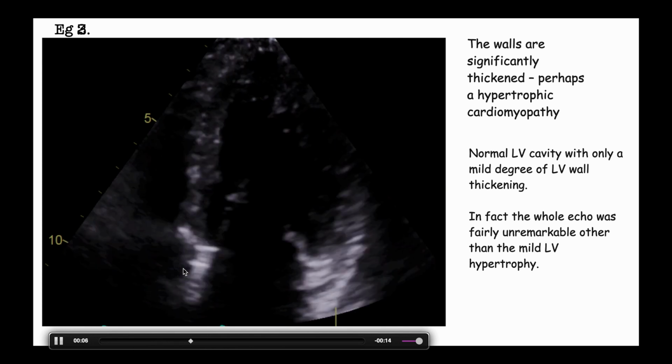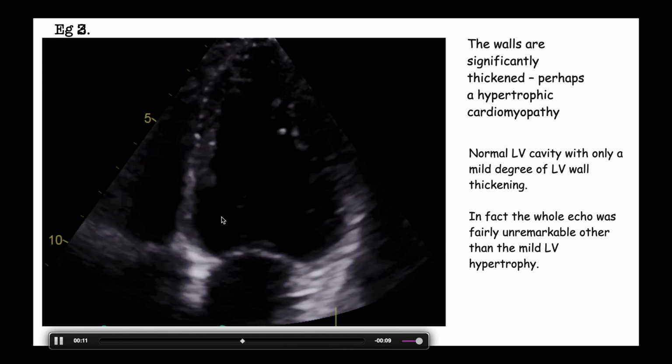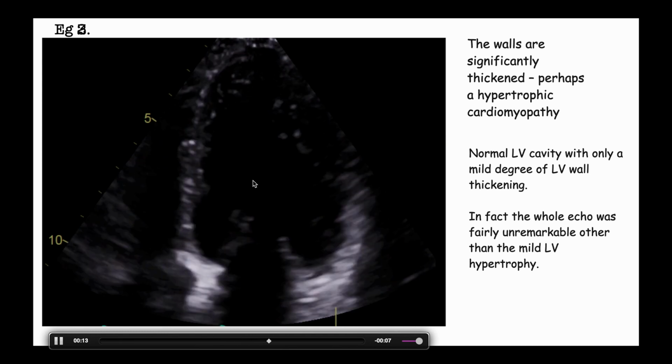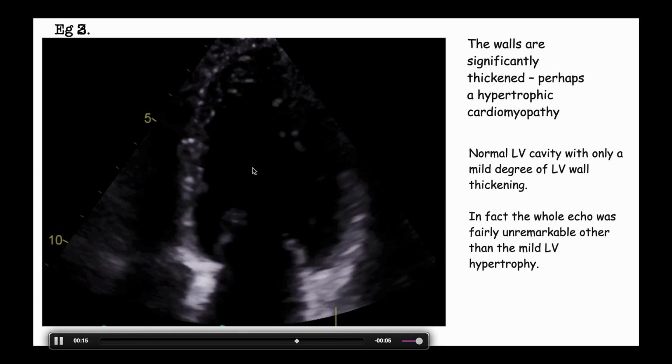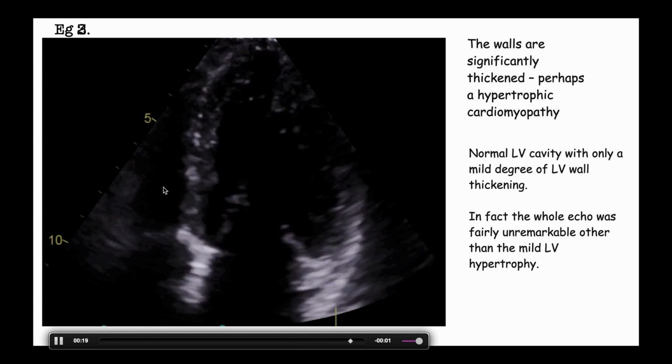Okay. So that is it. So this being the right ventricle, you can see it's very much increased in size as compared to the left ventricle over here. So how do we use the ECG in the diagnosis of left ventricular hypertrophy?